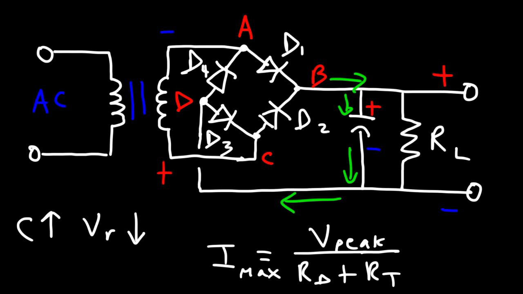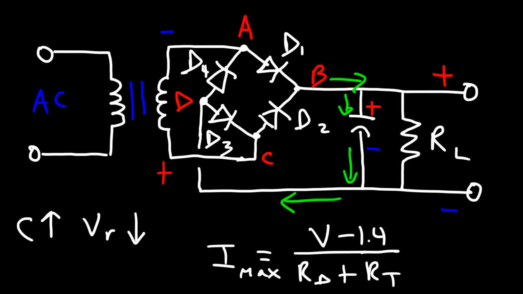So it's going to be the peak voltage across the transformer minus 1.4. And then you need to determine the resistance of the secondary side of the transformer and also the bulk resistance of the diodes. And thus you can estimate what the maximum surge current will be.